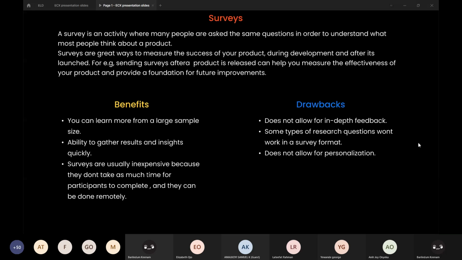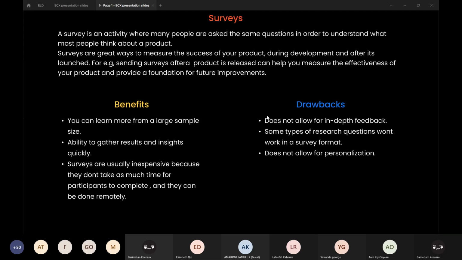So, the drawbacks of surveys: they do not allow for in-depth feedback. When you send out a survey, you have to be general about your questions because you have a lot of different people filling the form. So you have to be very open and general in asking your questions, and the responses are not really in-depth.